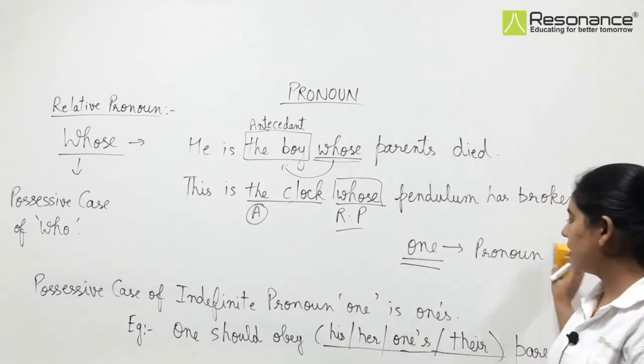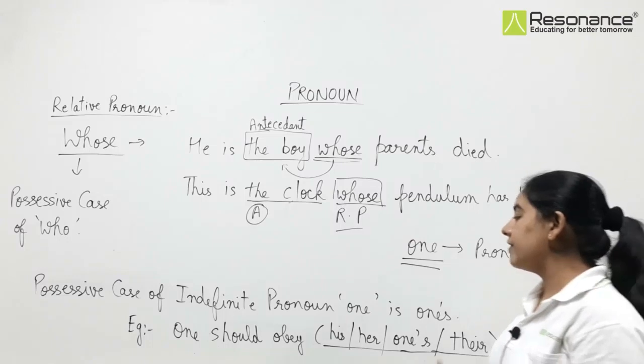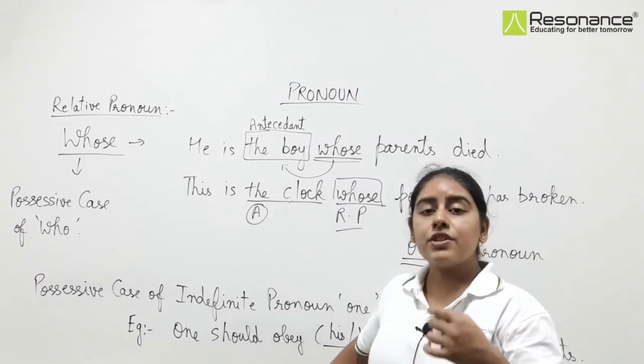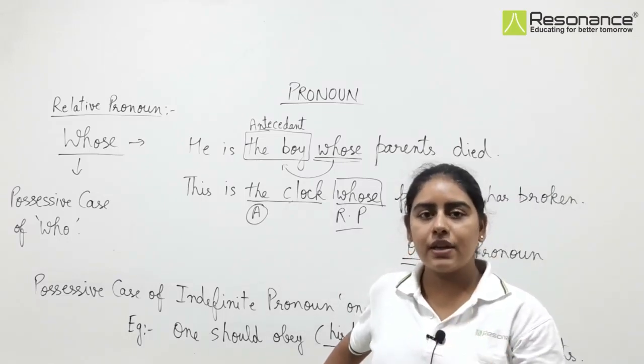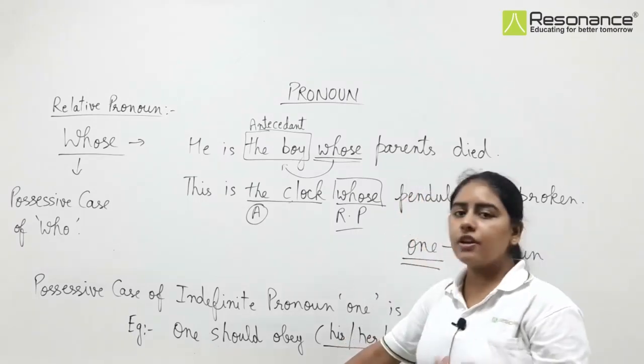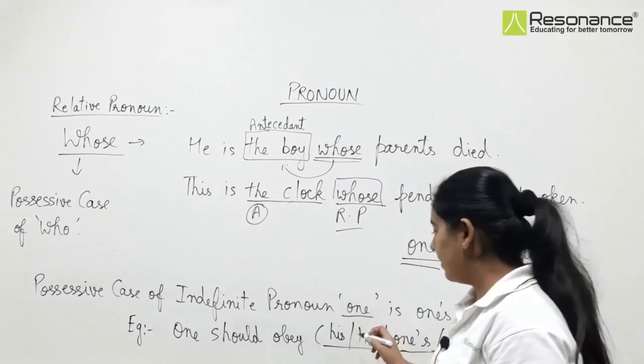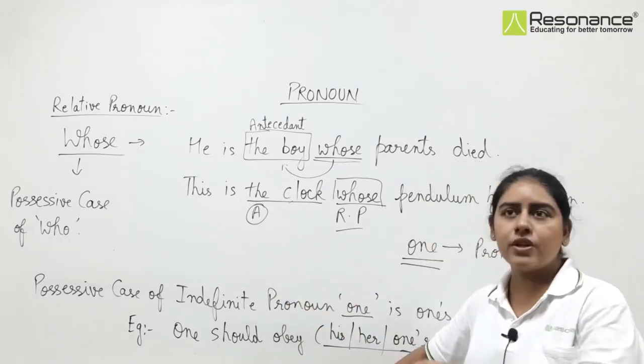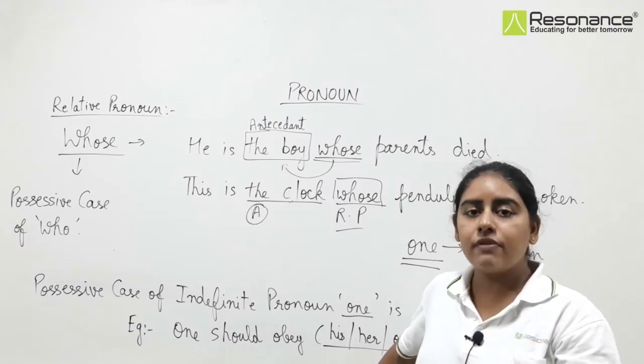Okay, one is what? It is an indefinite pronoun. What are indefinite pronouns? I told you, something which is not specific. For example, someone, everyone, no one, right? So this one is an indefinite pronoun, because we don't know whom we are talking about or what we are talking about.